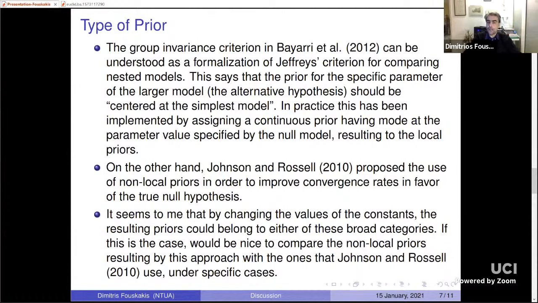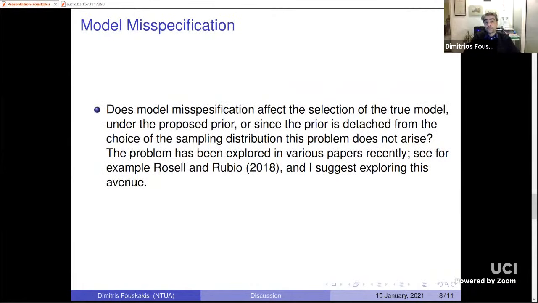So again, I would love, for example, to see some work on the non-local prior setup and some comparisons with the ones that Johnson and David Rossell use under specific cases. I believe that the fact that the prior is detached from the choice of the sampling distribution is a big advantage in some cases, and probably it's a big advantage when we have model misspecification.